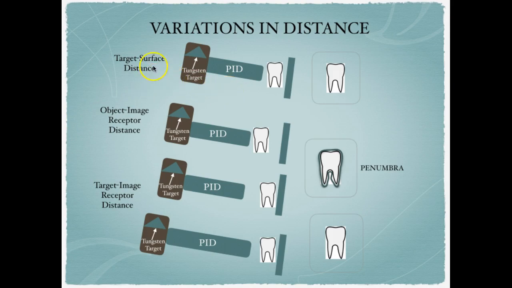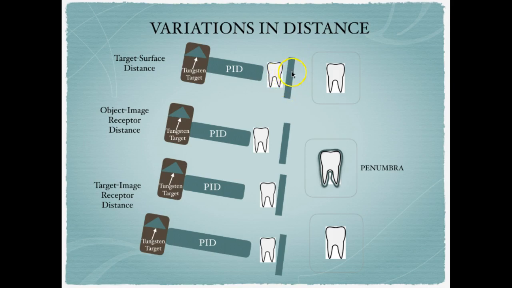The ideal target surface distance is where the tungsten target, remember the focal point on the tungsten target, is in relationship, and we're going to use the PID as the length, to the tooth, which is the object, and the image receptor, which is either the film or the sensor.